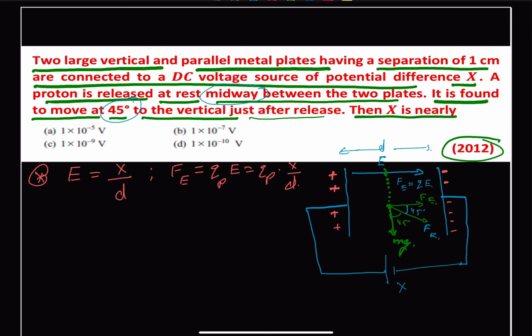And the force acting in the downward direction, let us suppose we call this Fg. So we have that the gravitational force Fg will be equal to mass of proton multiplied by g.